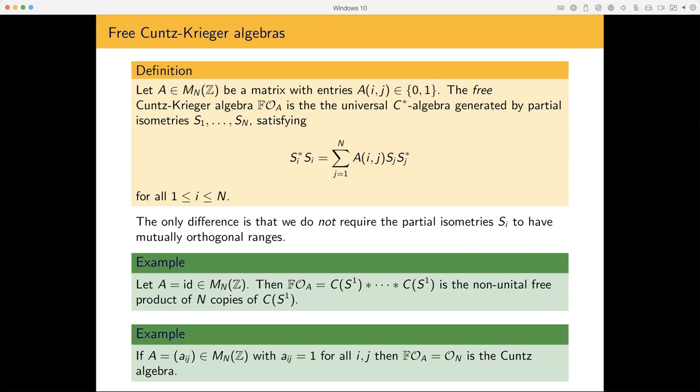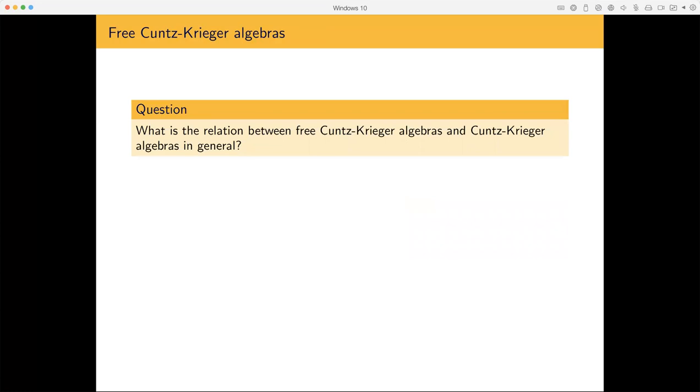But you may wonder, okay, of course one can make this definition, but how does it change the story? More precisely, what is the relation between these free Cuntz-Krieger algebras that I've just introduced and the real Cuntz-Krieger algebras in general? That's not so clear. I don't have a full answer to that. Sometimes these algebras are just the same.